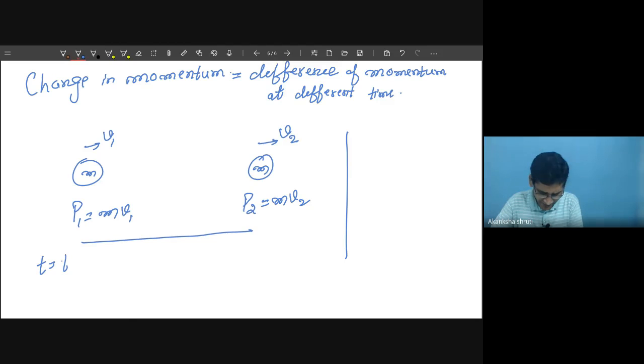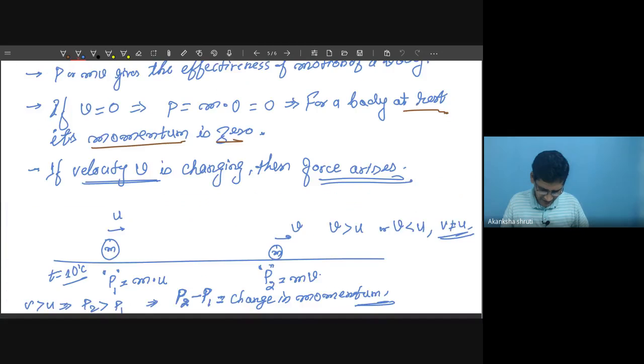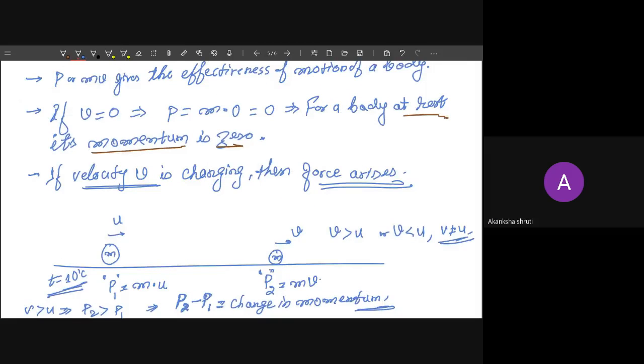At that time on the clock, the time was t1. But this new momentum is observed at time t2. Like here I had denoted 1 o'clock, and this was the observation at time 2 o'clock.